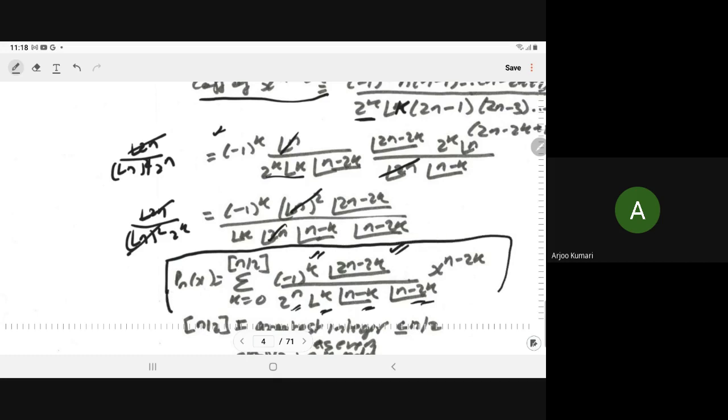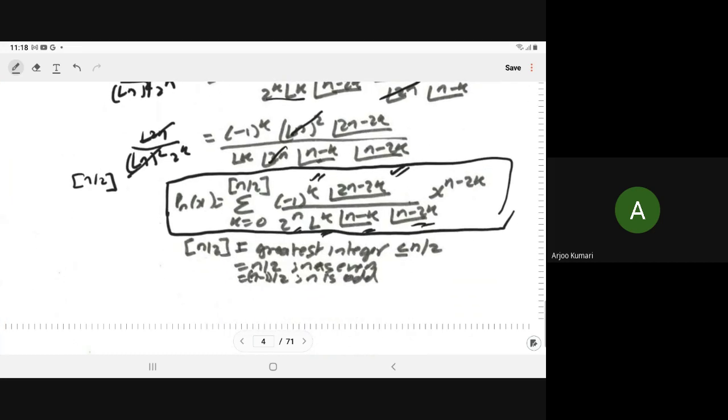Pn is the summation from k equal to 0 to the greatest integer of n upon 2, of minus 1 to power k, factorial of 2n minus 2k upon 2 to power n, factorial of k, factorial of n minus k, factorial of n minus 2k, x to power n minus 2k.